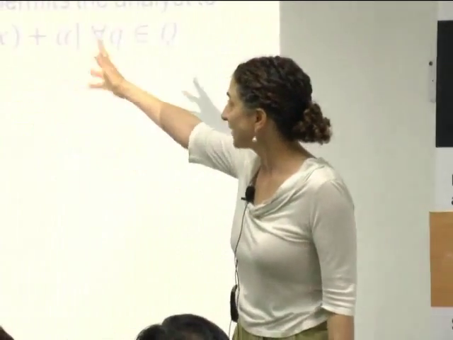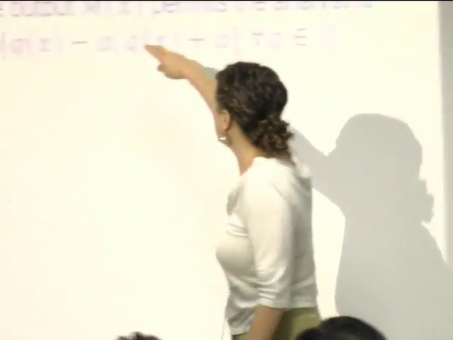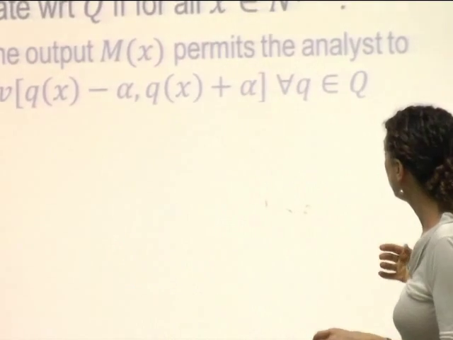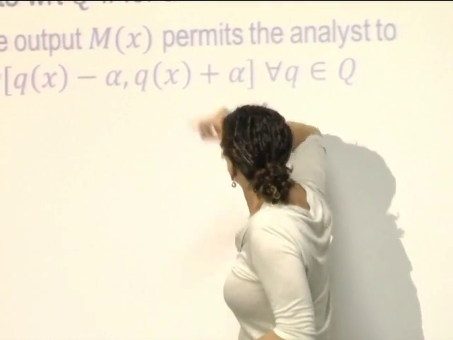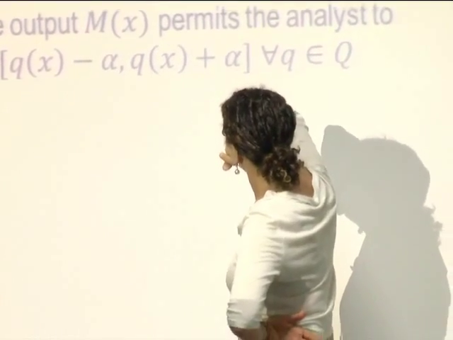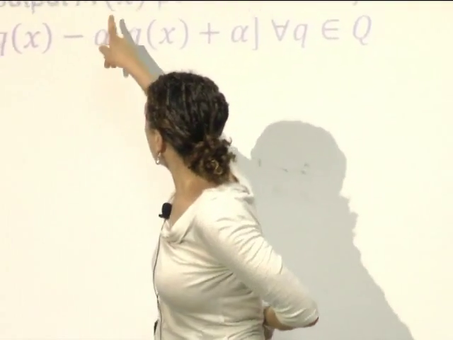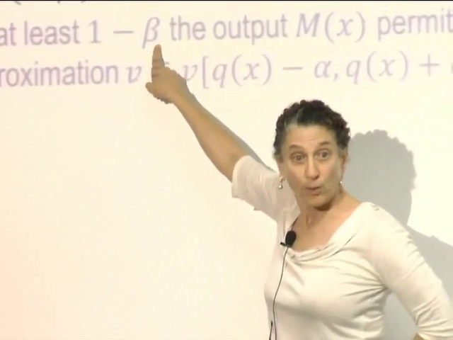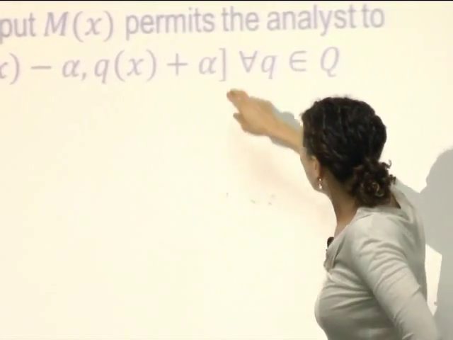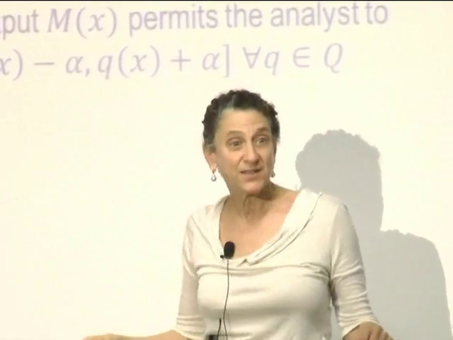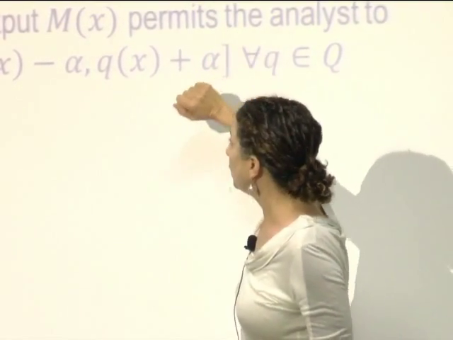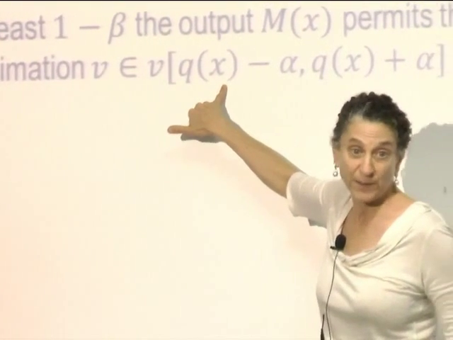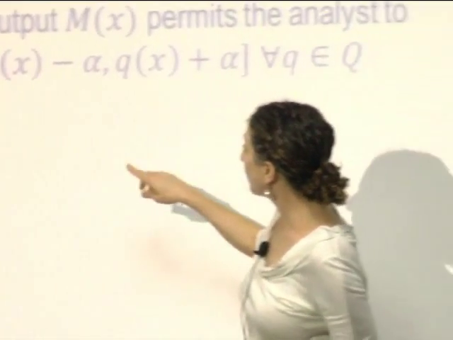So a mechanism M is alpha-beta accurate with respect to a particular set of queries. So you can think now the queries are known in advance. If for every database, when I feed the database to my mechanism, with probability all but beta, this thing that I release will allow the analyst to compute a good approximation to the value of the query on the database X. So what is a good approximation?